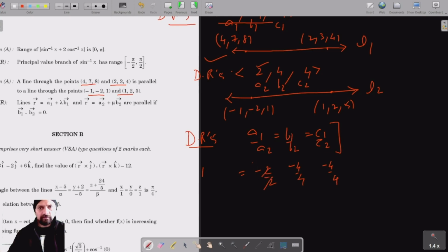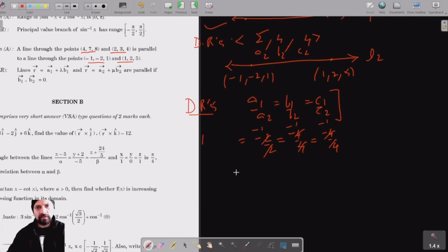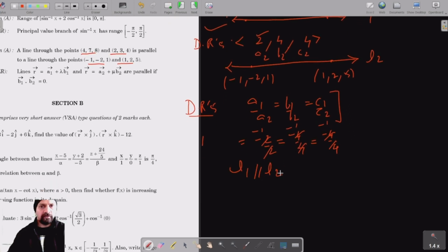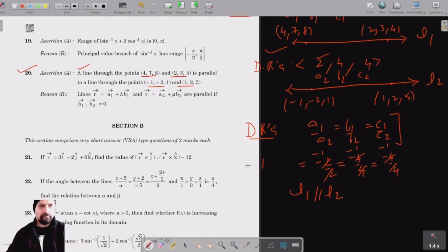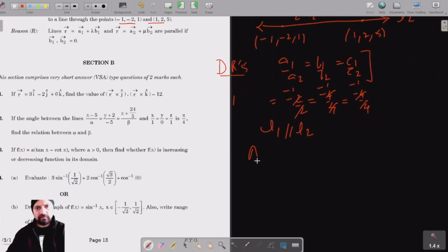So this is equal to -1, this is equal to -1, this is equal to -1. So the direction ratios are in the same proportion, which means L1 is parallel to L2. So the assertion A is true.